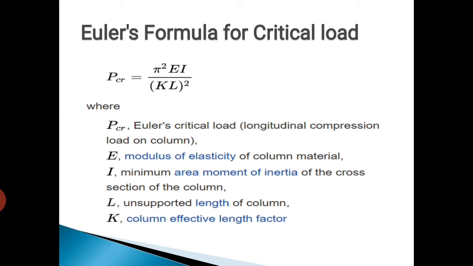Capital I is the minimum area moment of inertia of the cross section of the column. Capital L is the unsupported length of column, and capital K is the column effective length factor. From this formula, we can write PCR is equal to pi square EI divided by L effective square, because effective length is equal to KL.